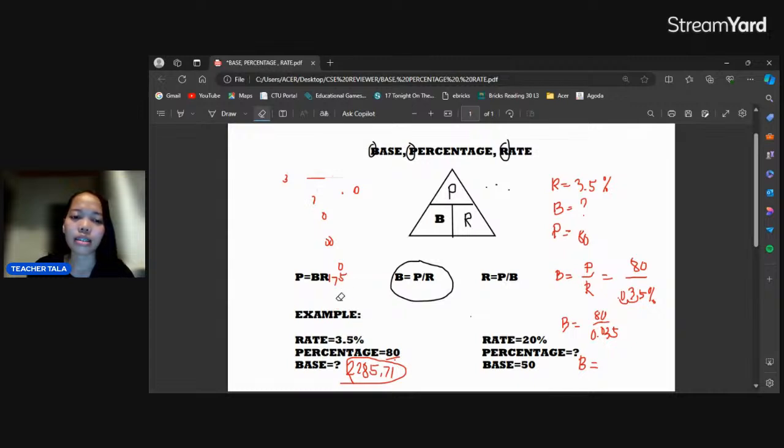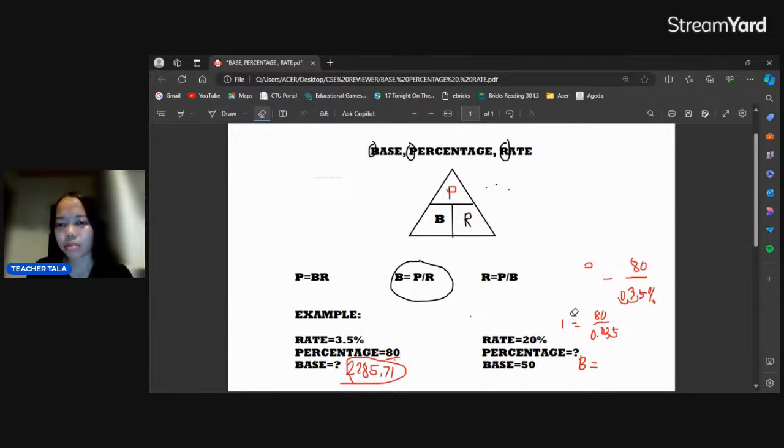But it's not really that hard kung magaling ka lang sa division. And hindi na talaga siya mahirap kasi may formula na tayo. Okay, so let's erase the first solution, and let's go to the next example.